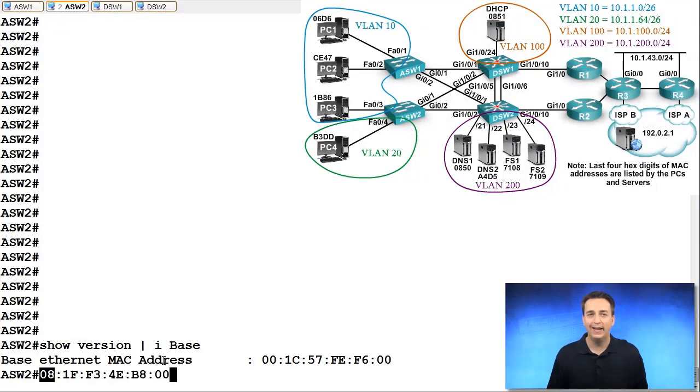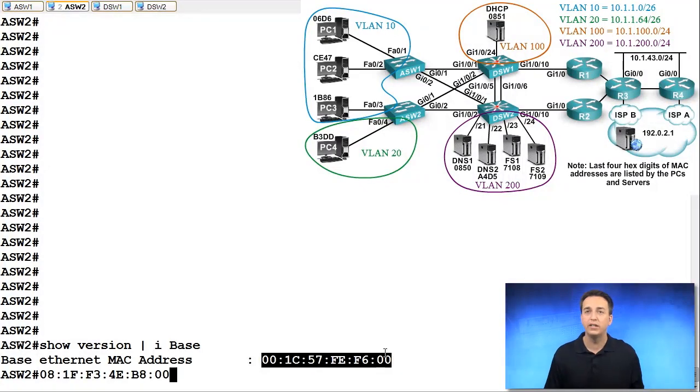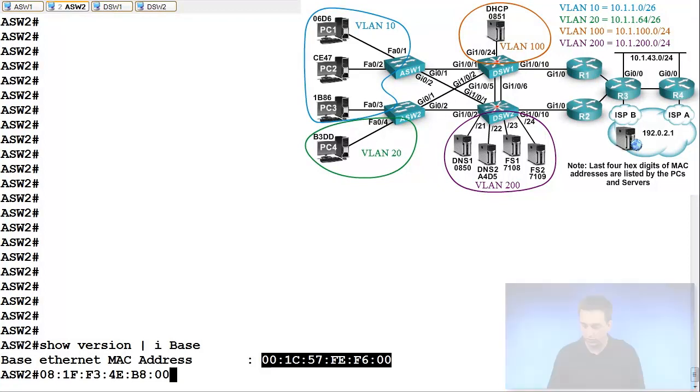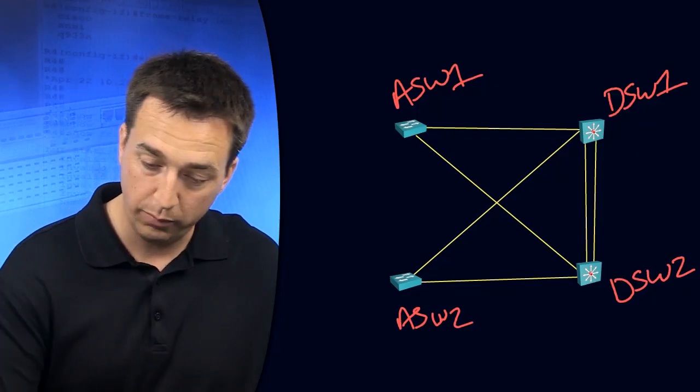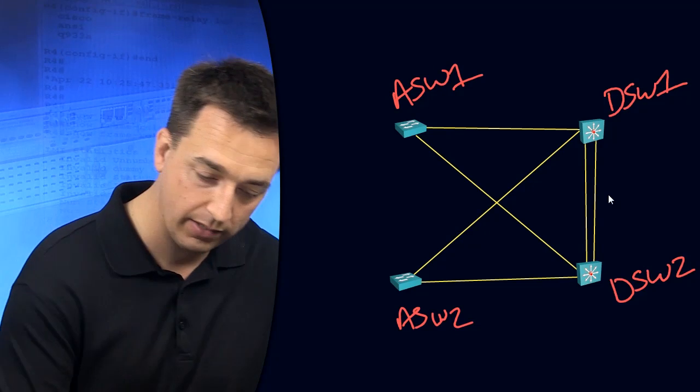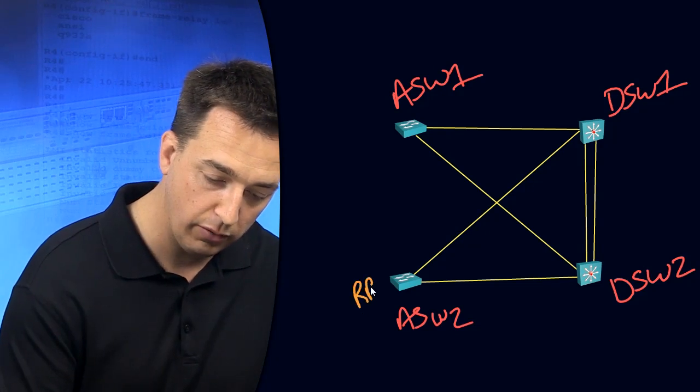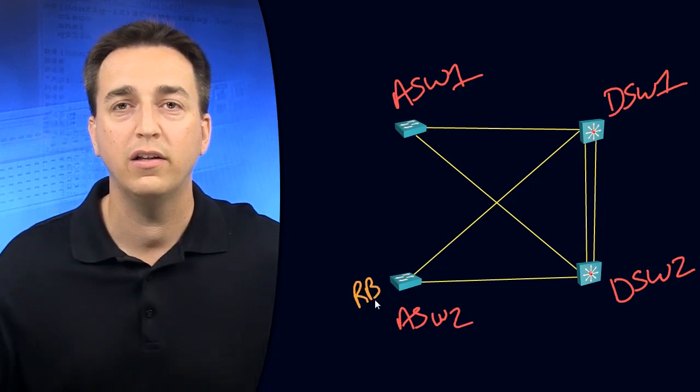Oh, I think we have found the best MAC address between these four switches. And it happens to be ASW2's MAC address. So I am going to conclude here, based on this information, that ASW2 is our root bridge. So let's label ASW2 as our root bridge in this topology.